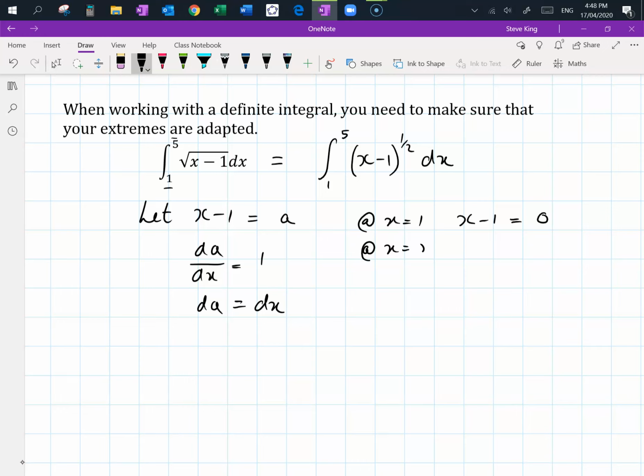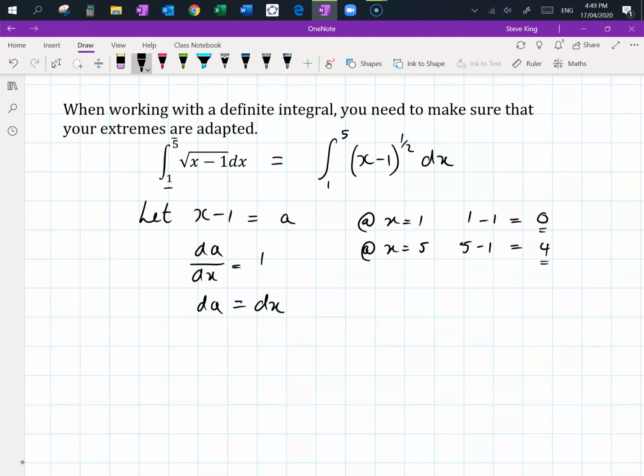At x is equal to 5, the upper bound is going to be 5 minus 1, which is going to equal 4. Sorry, I shouldn't put x over there. I should put 5 minus 1. And so my upper bound is now going to go to 4. So these are my two new bounds.